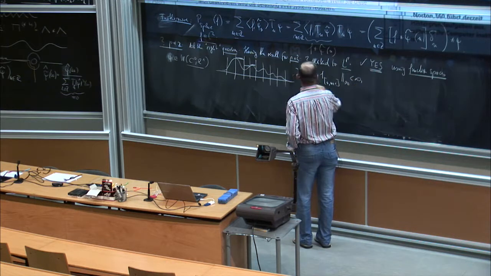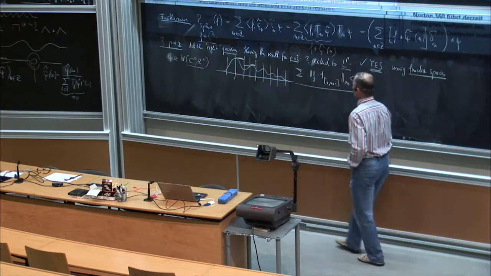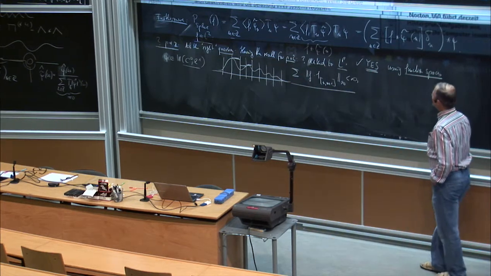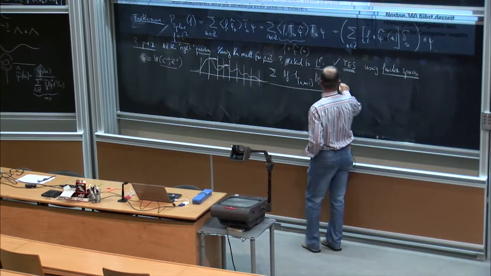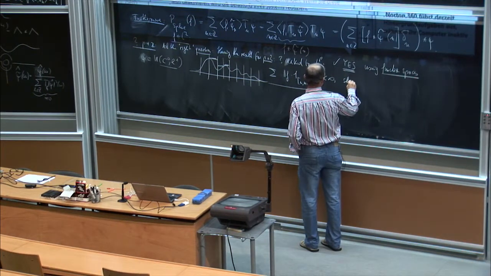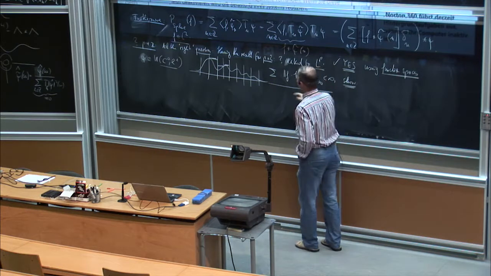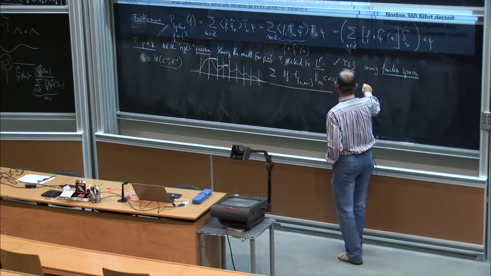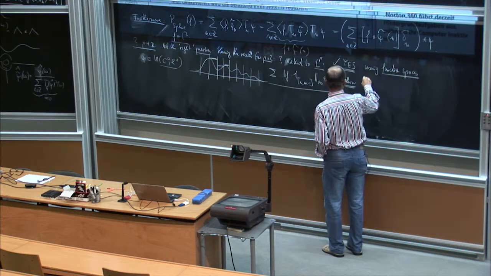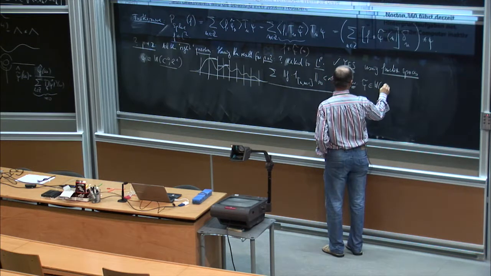This should be finite. So this is a definition of this. And then what you have to do is show that in this construction you can prove that also the psi tilde is in the same space.